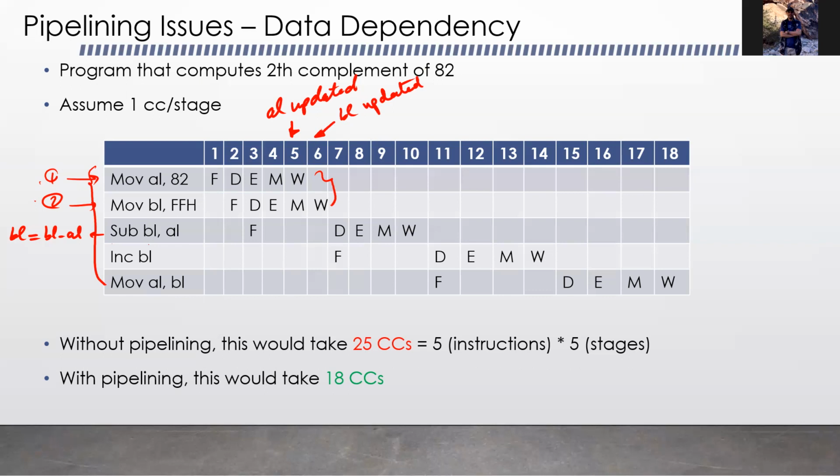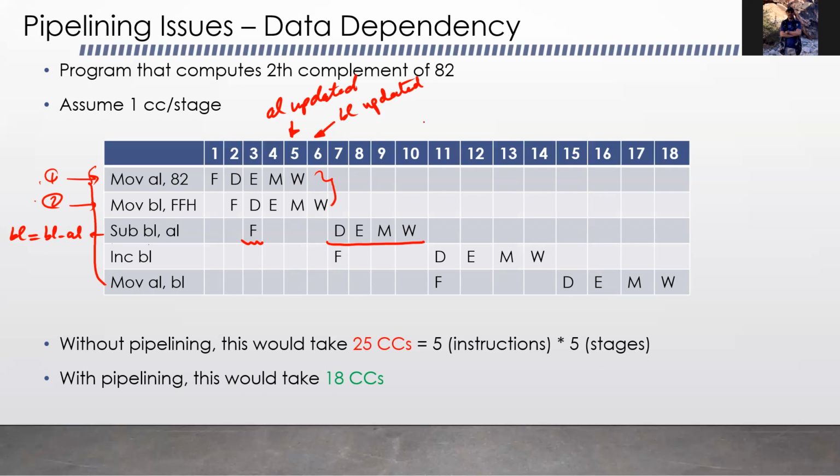So when we do the sub BL, AL, we can fetch it normally at the 3rd cycle, because at that time the second instruction is now in the decoding stage, so the fetch circuit is free. But we can make the decoding, execution, and the memory write back only at the beginning of the 7th cycle.